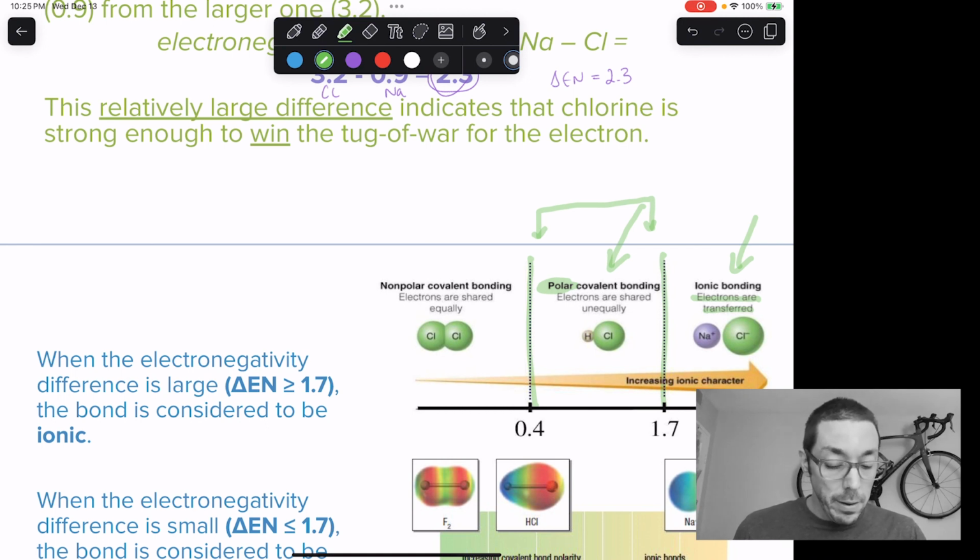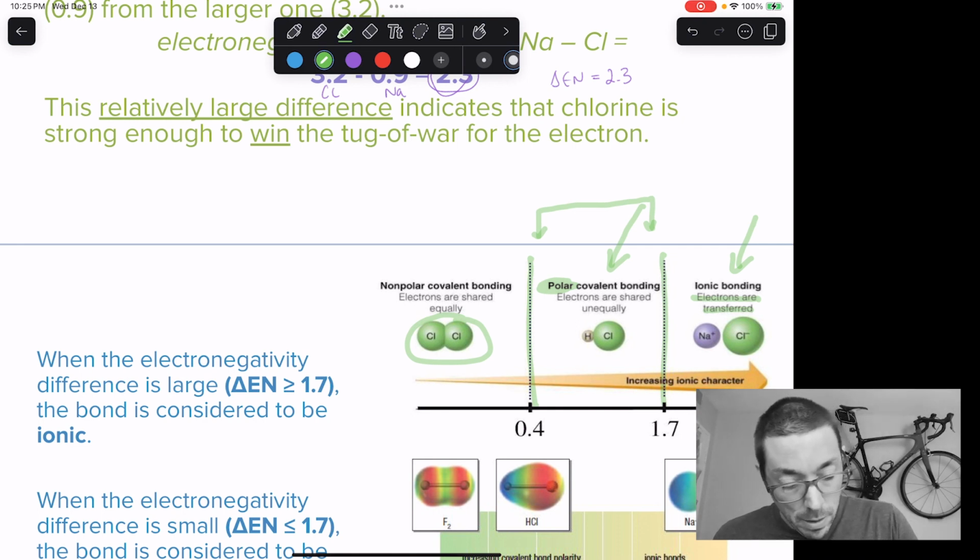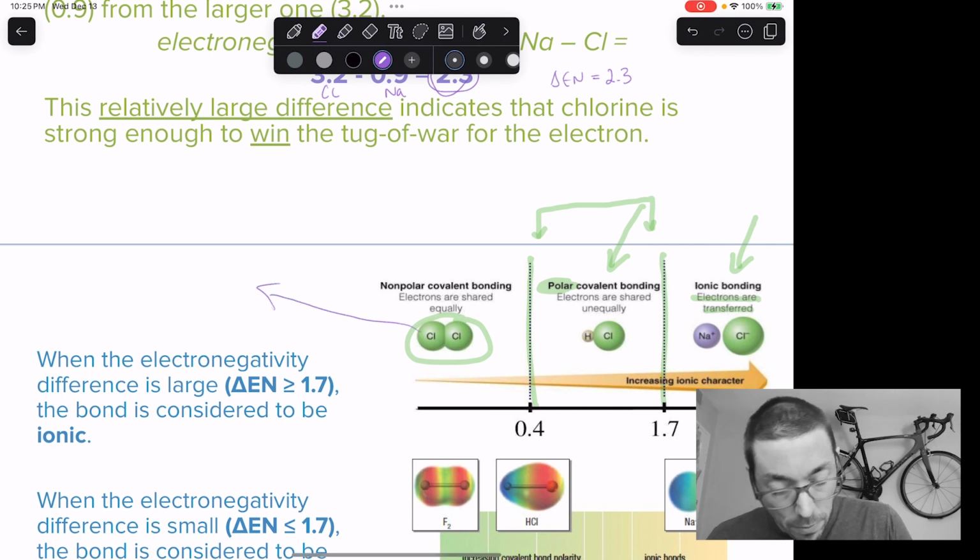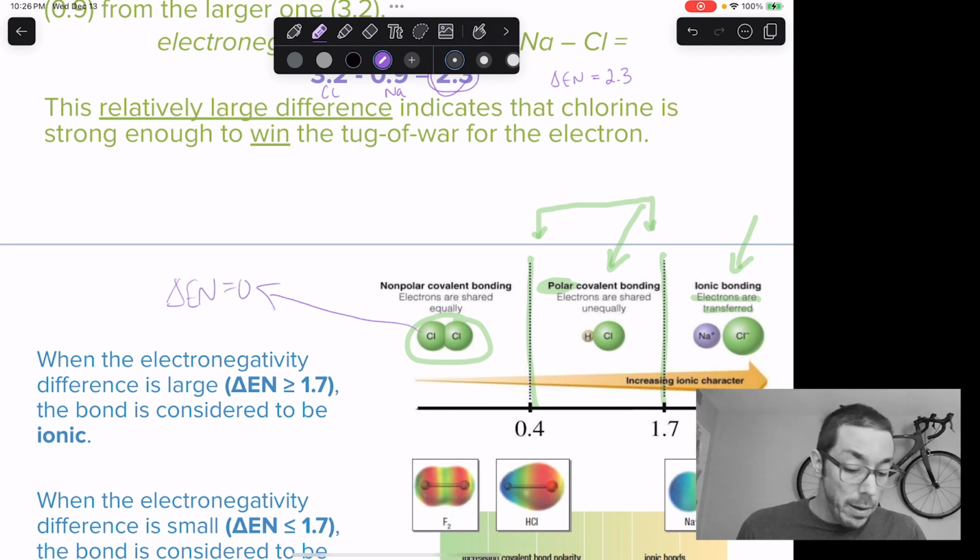And then you've got the case where you have a very, very small difference in electronegativities. In this case, chlorine bonded to chlorine, well, it's the same element, so there is no difference. The delta EN for a chlorine-chlorine bond is exactly 0, right?